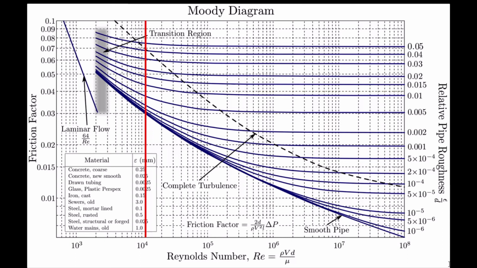Each of the lines is given a different relative roughness, and the definition of relative roughness is the roughness of the pipe in millimetres divided by the pipe diameter. We can look up the roughness of our pipe in the table in the bottom left of this chart.